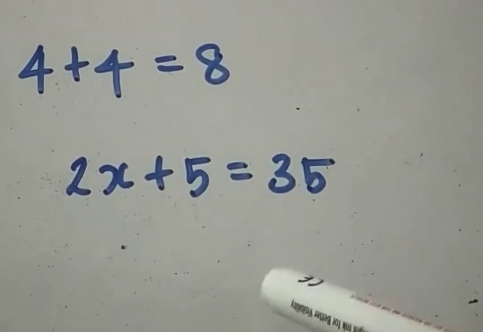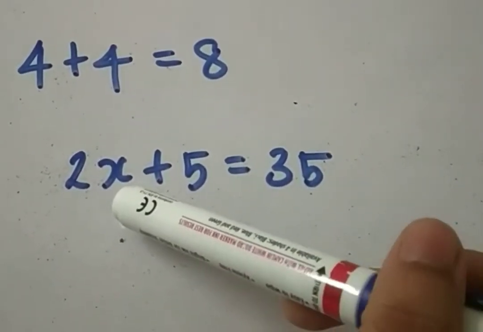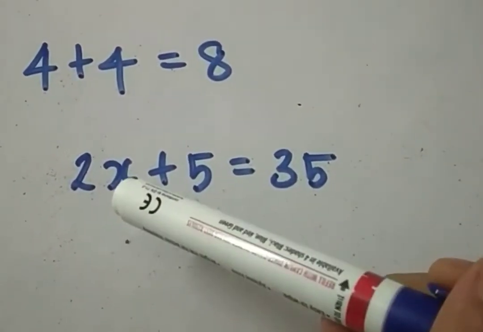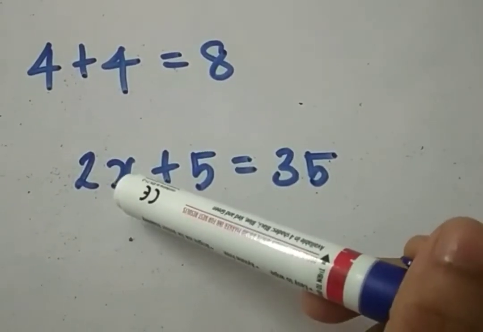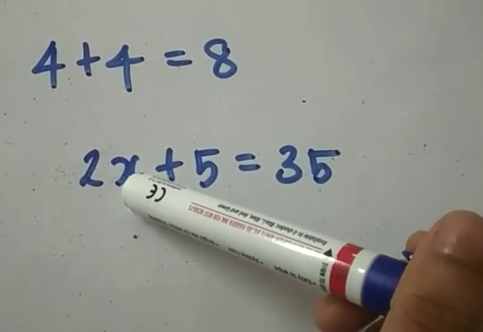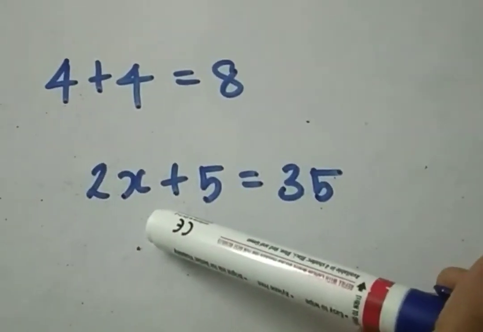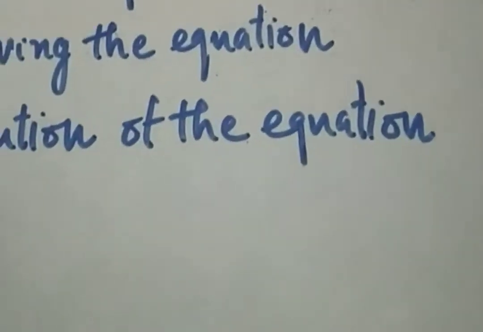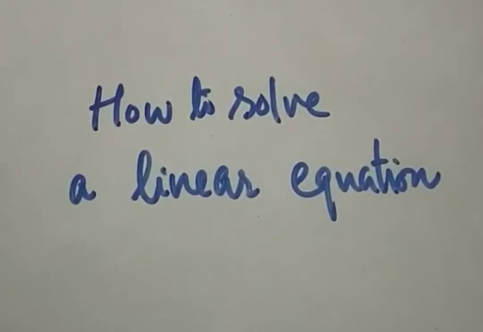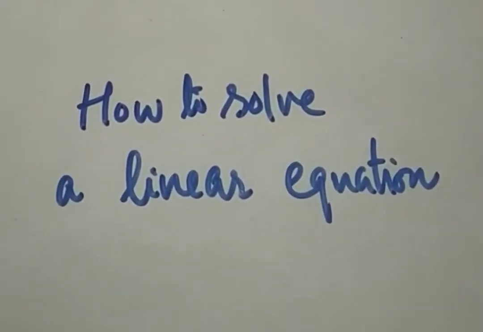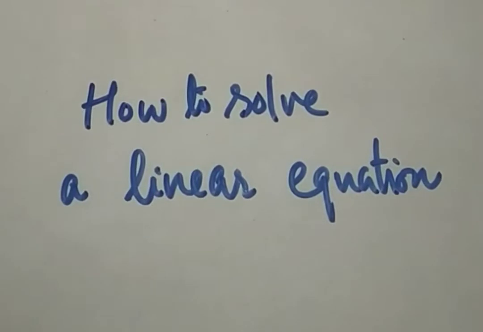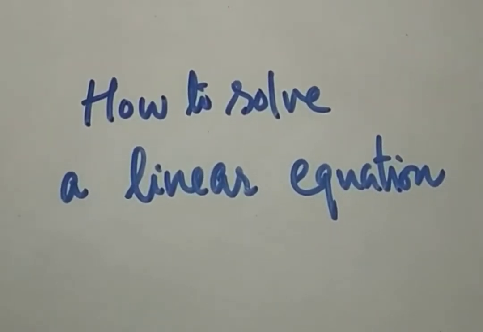Next, if we found out the value of this variable x, then that value of this variable is called the solution of this algebraic equation or solution of the equation. In this class, we are going to learn how to solve a linear equation.